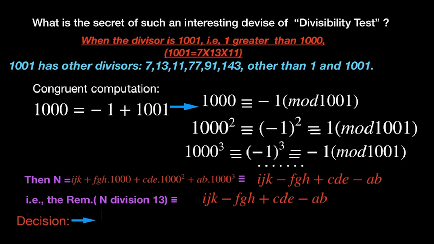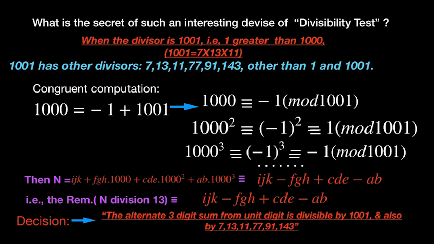Then we come to the decision: the alternate 3-digit sum from the unit digit is also divisible by 1001 or any one of 7, 13, 11, 77, 91 or 143. So it is clear. It is a very important decision that if a number is divisible by 1001, then the alternate 3-digit sum from the unit digit is divisible by 1001 or 7 or 13 or 11 or 77 or 91 or 143.